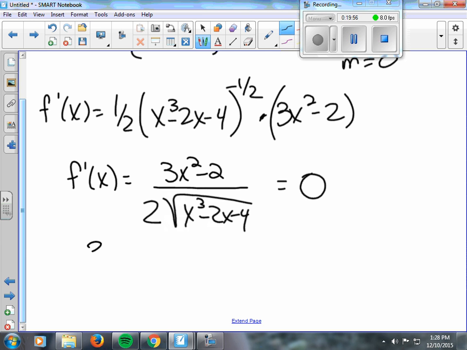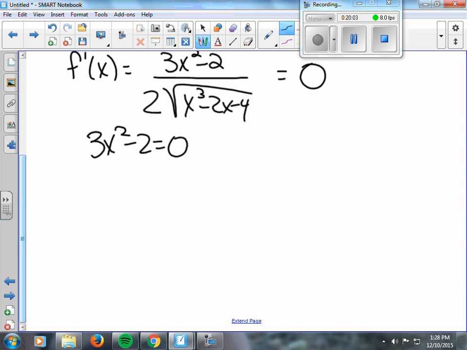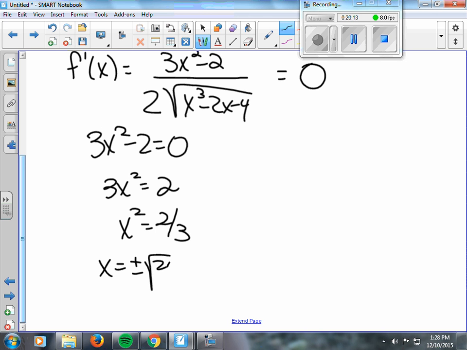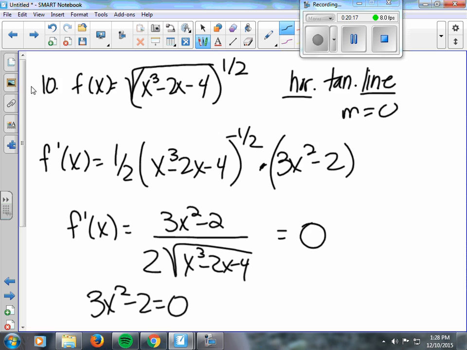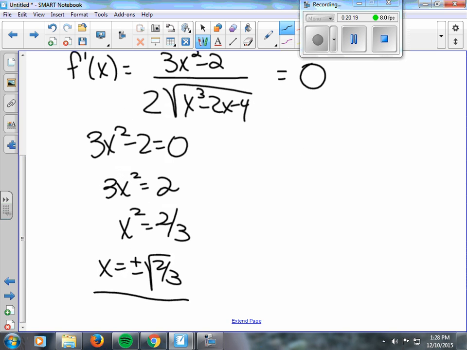That would be when the numerator equals 0, because when the denominator equals 0, then you have a slope that doesn't exist, so we don't want that. We want a slope that equals 0. So x squared equals 2/3. This has two solutions, plus and minus the square root of 2/3. It does say to find the points, but I'm just going to leave it at the x values.